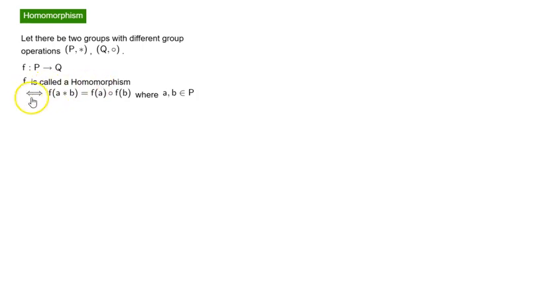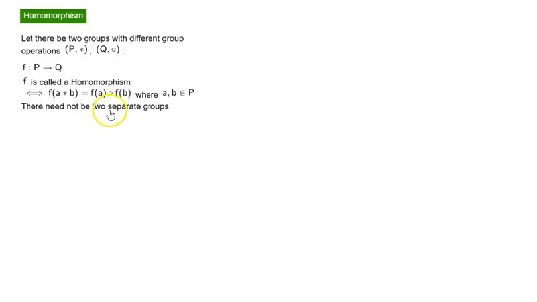A function becomes a homomorphism if and only if F of A star B is equal to F of A composed with F of B, where A and B are in P. So, do you notice on the left-hand side, we have the group operation of P. And here we have the group operation of Q. If this condition is satisfied, then only we can call a function F a homomorphism.